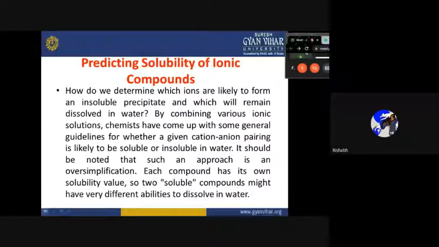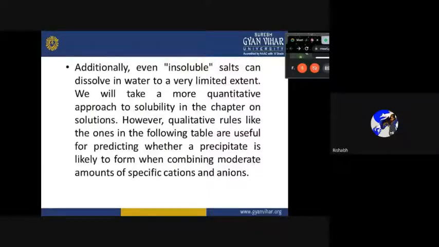And additionally, even insoluble salts can dissolve in water to a very limited extent. So we will take a more quantitative approach to solubility in the chapter on solutions. However, qualitative rules like the ones in the following table are useful for predicting whether a precipitate is likely to form when combining moderate amounts of specific cations and anions.